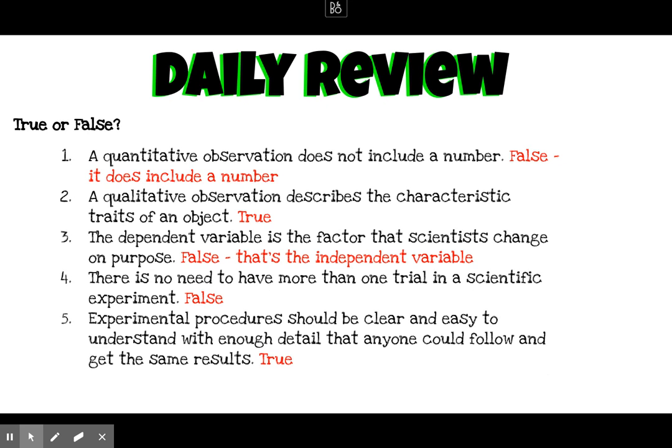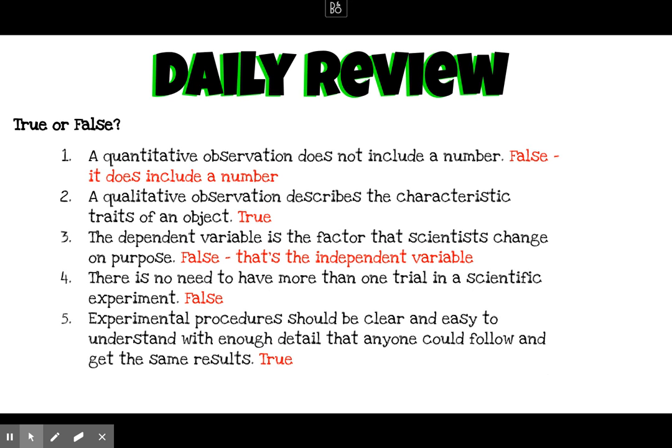Number 3, the dependent variable is the factor that scientists change on purpose. False. That is the independent variable. Our dependent variable is what we are measuring and observing. Number 4, there is no need to have more than one trial in a scientific experiment. That is false. You want many, many trials.